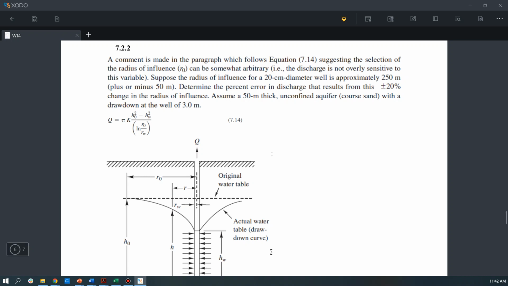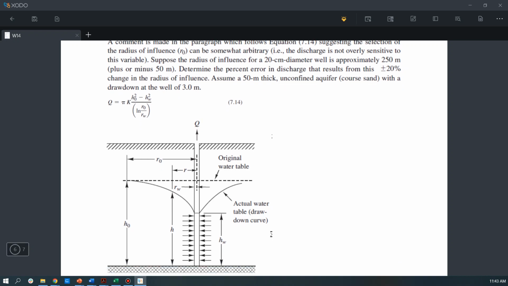Suppose the radius of influence for a 20 cm diameter well is approximately 250 meters, and we want to determine the percentage error in the discharge that results from this 20% change in the radius of influence.